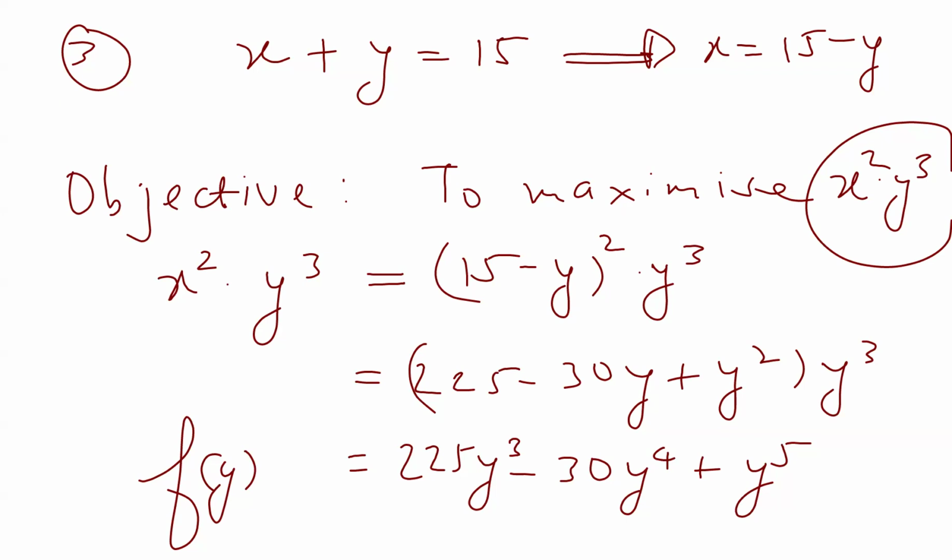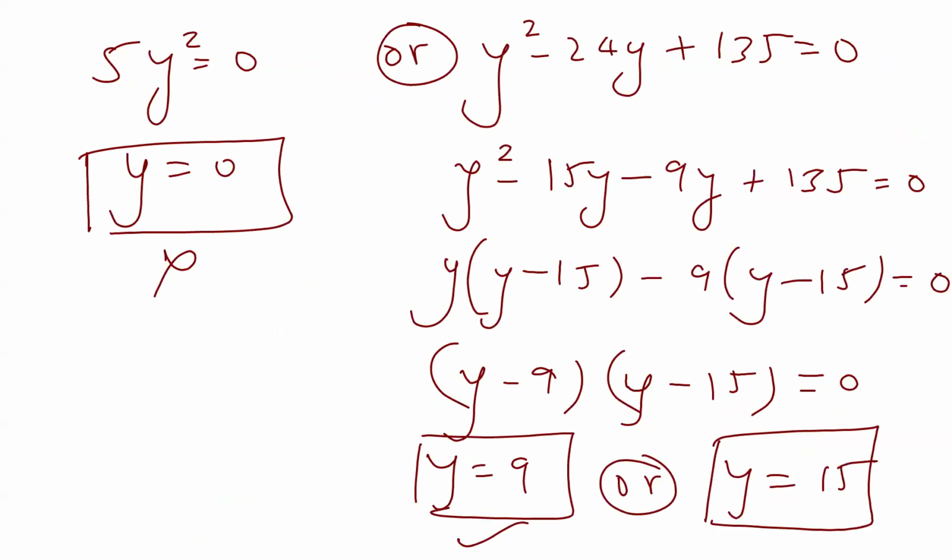There is no chance of 0 being the maximum thing over here. Hence we'll take y as 9 or 15. We have to test for both the values. Now step 2 will have two cases.